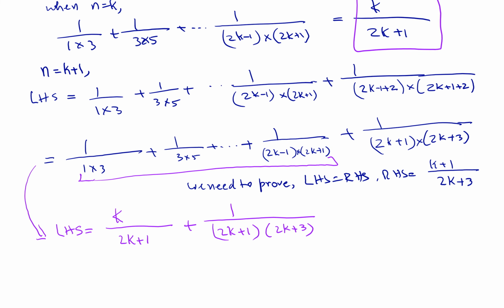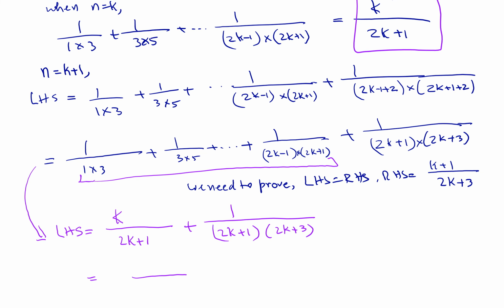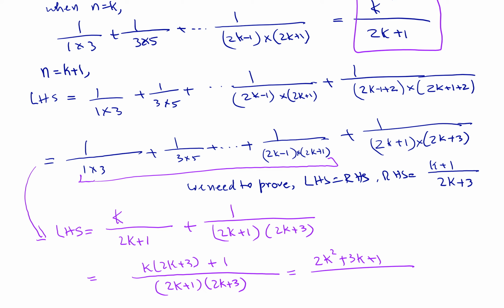So then the denominator is going to be 2k plus 1 times 2k plus 3, and the numerator will be k times 2k plus 3 plus 1. So that is equal to 2k squared plus 3k plus 1 over 2k plus 1 times 2k plus 3.